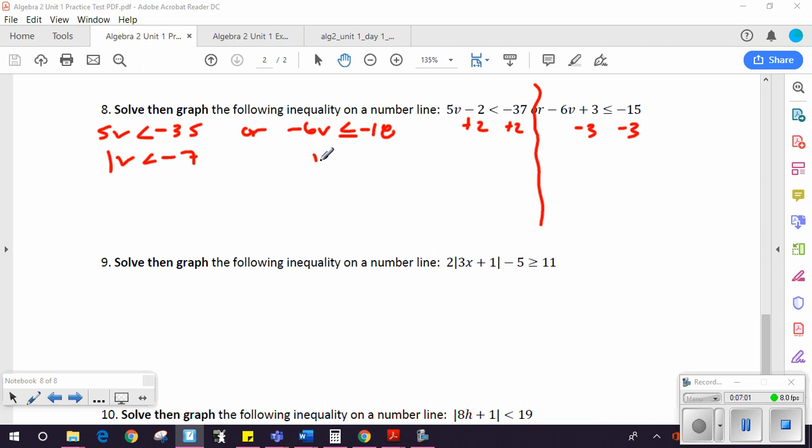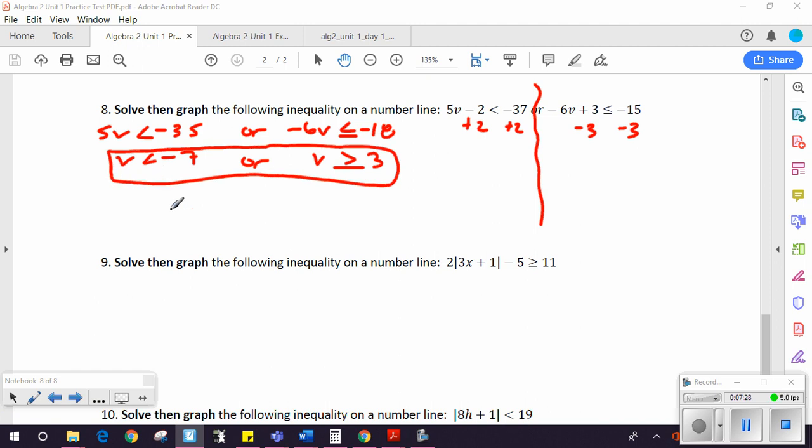So that would give me v is greater than or equal to, because why? I'm dividing by a negative, so my sign must change directions. Negative 18 divided by negative 6 is a positive 3. So bring down your or. So this is our solution: v is less than negative 7, or v is greater than or equal to 3.